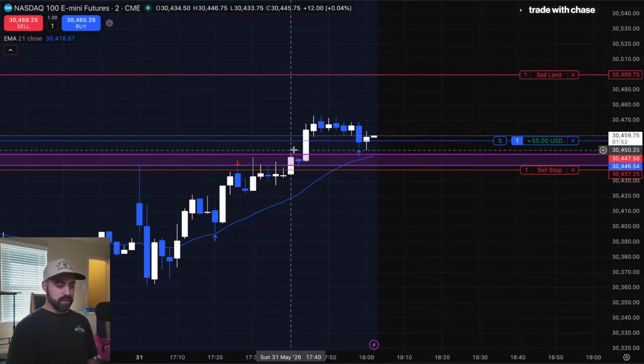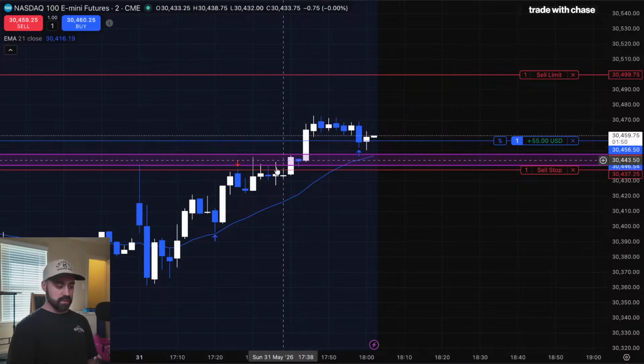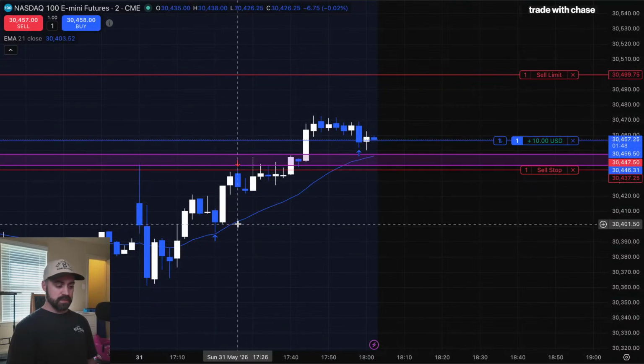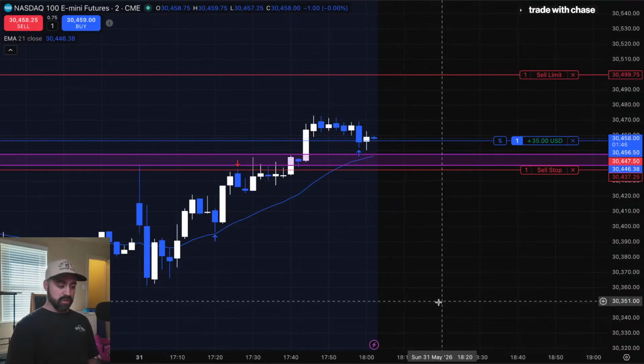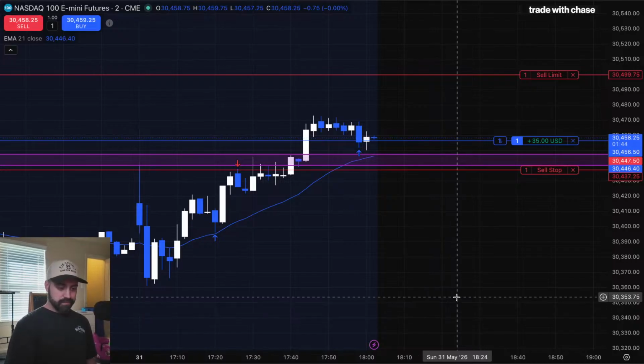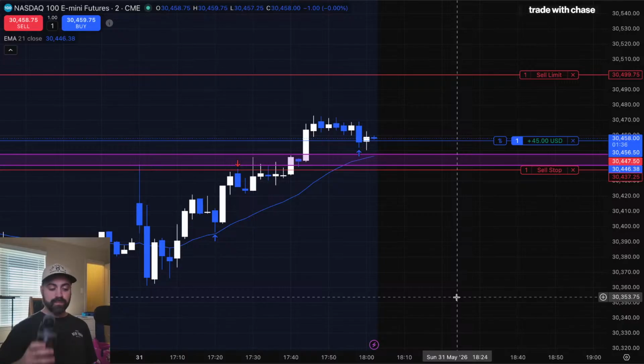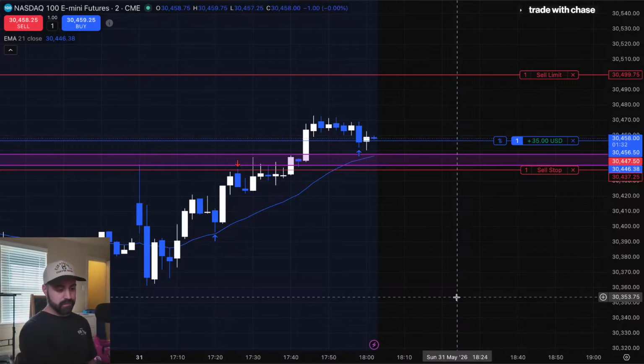Would love a big candle, kind of like one of these, one of these, one of these. Just make a big move to the upside, but again, lots of wishful thinking in trading. Need to refill my water.